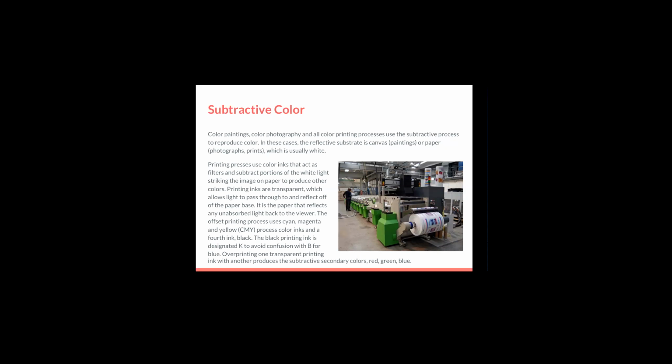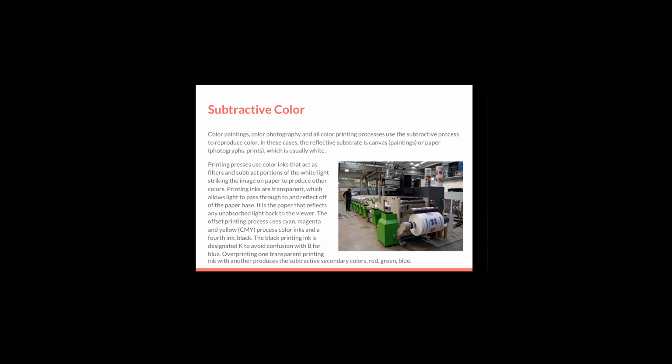Printing presses use color inks that act as filters and subtract portions of the white light striking the image on paper to produce other colors. Pigment inks are transparent, which allows light to pass through to and reflect off of the paper base. It is the paper that reflects any unabsorbed light back to the viewer.